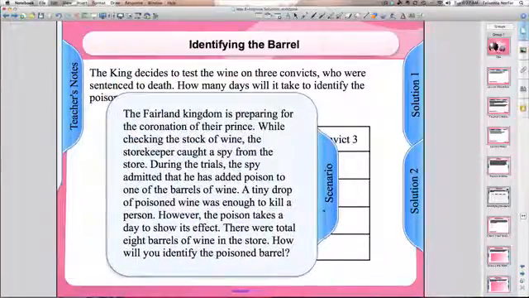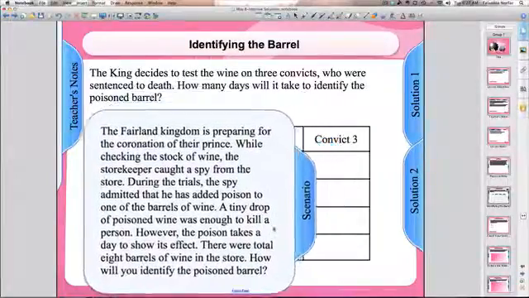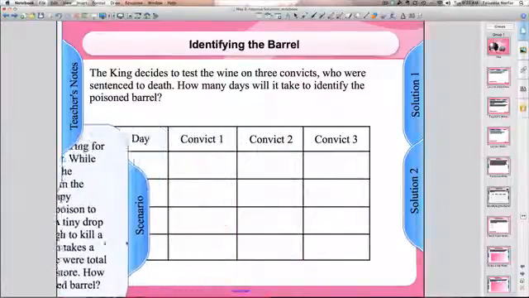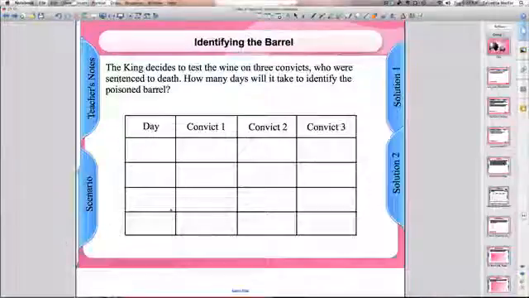Here's the original scenario. If you needed to look at it again, you can pull it out in your notebook file and then pull it back. Those of you who only have a video, you can rewind to look at the scenario again. Then we'll look at solution 1 and solution 2. Again, pause the video until everyone is done.